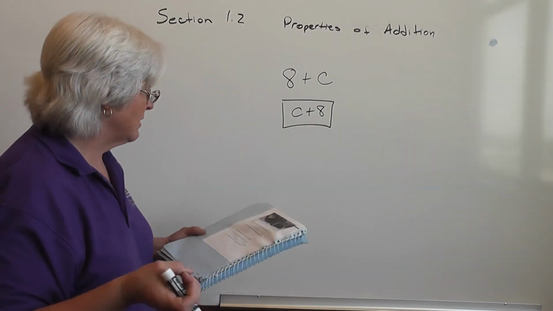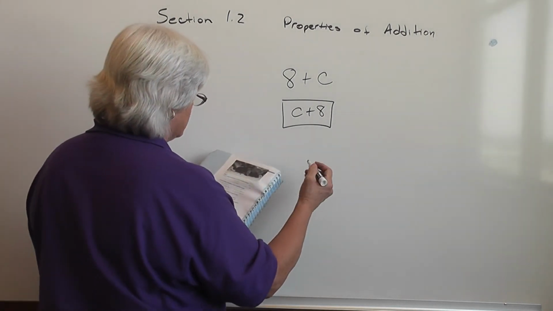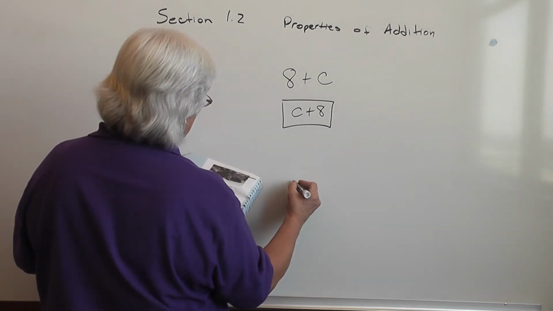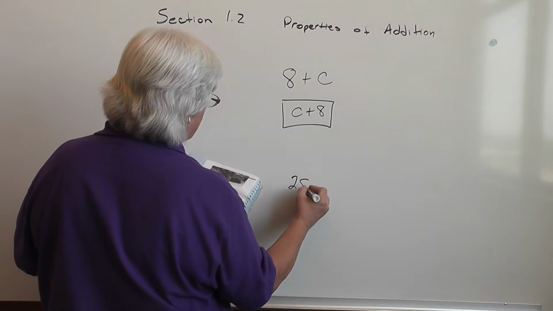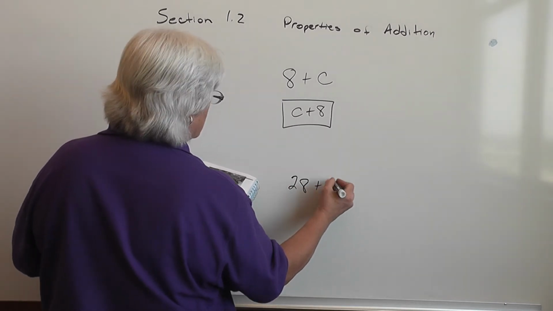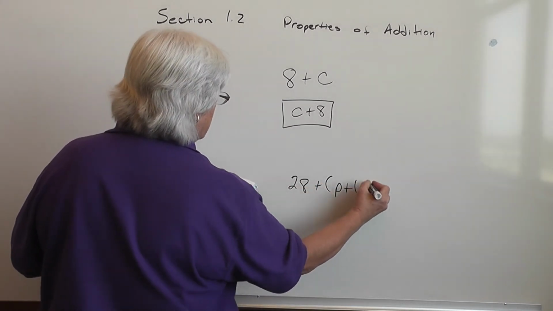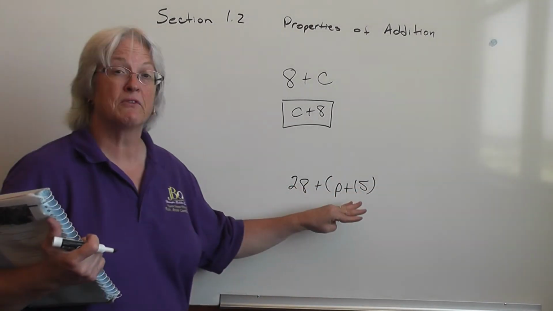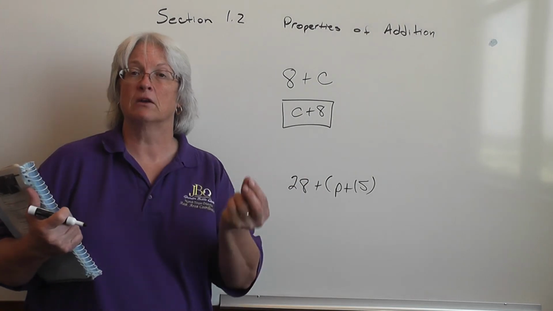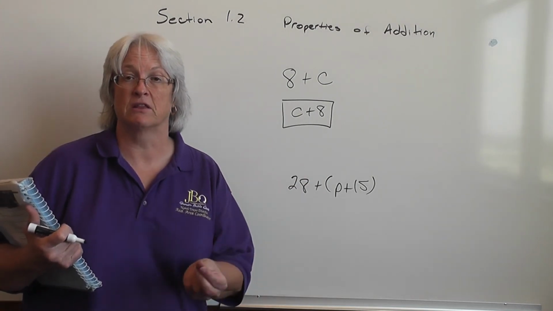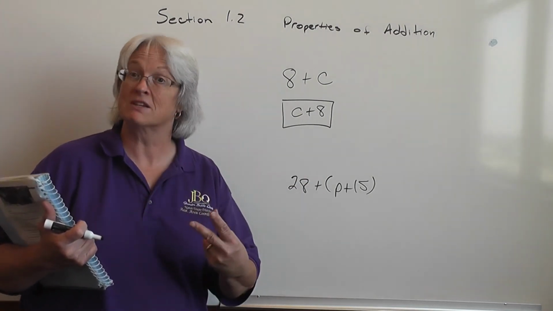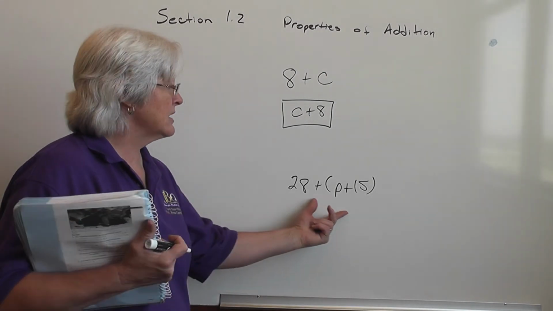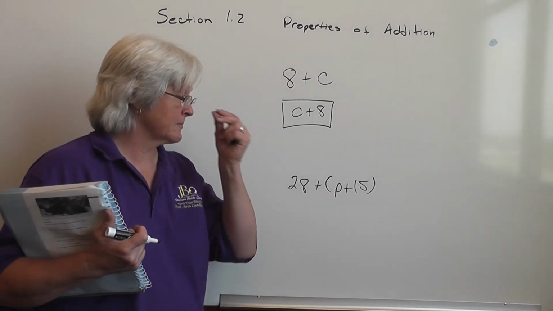Now, what if they say write an equivalent expression for this using the associative property? You have 28 plus the quantity P plus 15. What's an equivalent expression? Something that has the same value. It means the same thing.